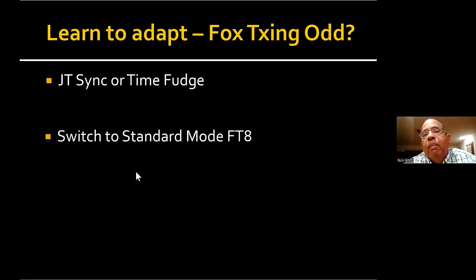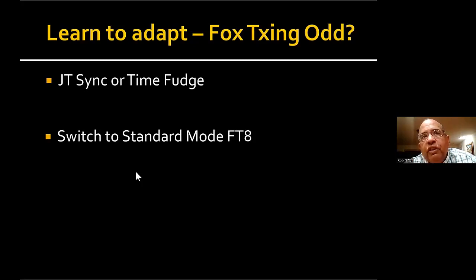Now, remember we talked about how there's a huge advantage for the Hound to move down when called upon by the Fox. This is just a pro tip for some of you. You can achieve that by unchecking Hold TX.